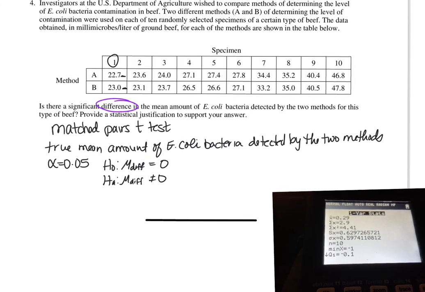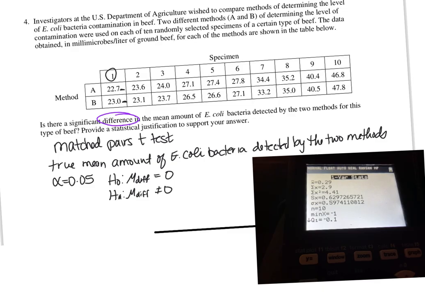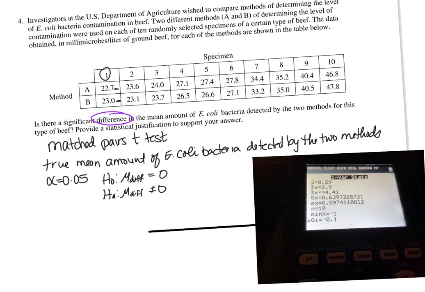Okay, so we have a mean difference. So x-bar, these are our statistics. X-bar of the difference is 0.29.